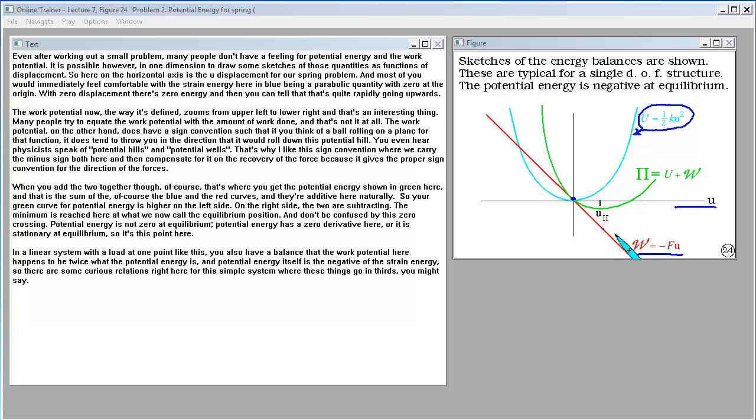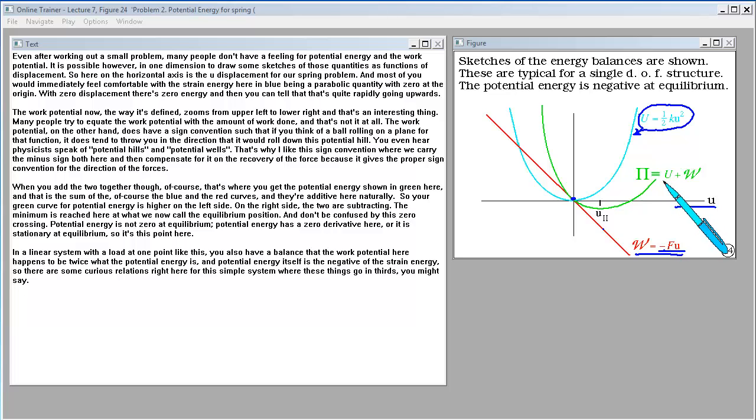You even hear physicists speak of potential hills and potential wells. That's why I like this sign convention where we carry the minus sign here and then compensate for it on the recovery of the force, because it gives the proper sign convention for the direction of the forces.